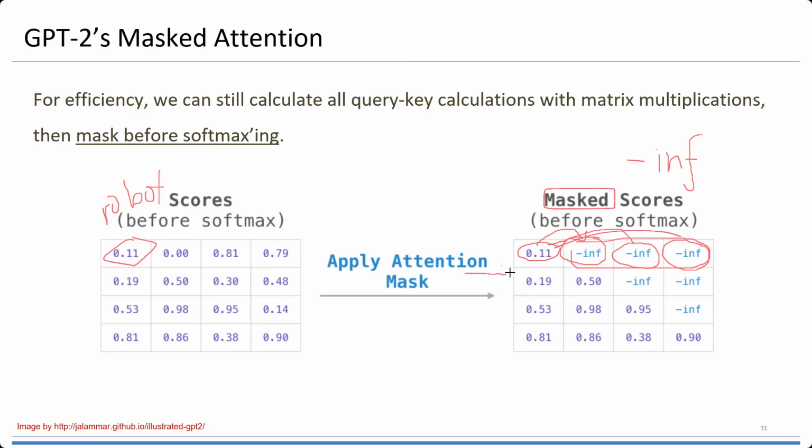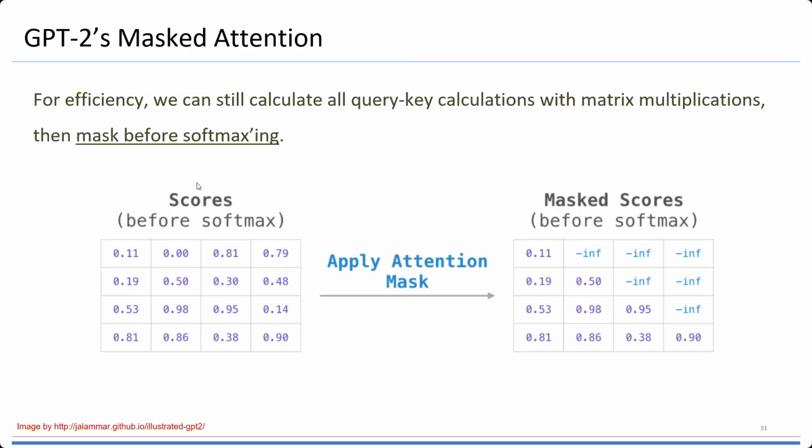The same with the second layer. In the second, I have the robot, mask, and so on. So I'm masking this one. So I mask one token. So using this masking, it is before the softmax.